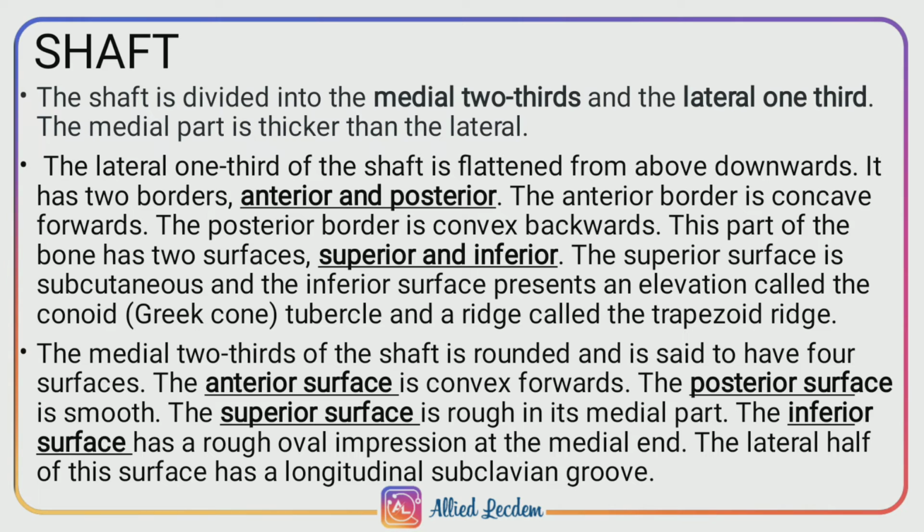And the medial two-third is rounded and it has four surfaces, namely the anterior surface is convex forward, whereas the posterior is smooth and the superior is rough, and the inferior has a rough oval impression at the medial end.